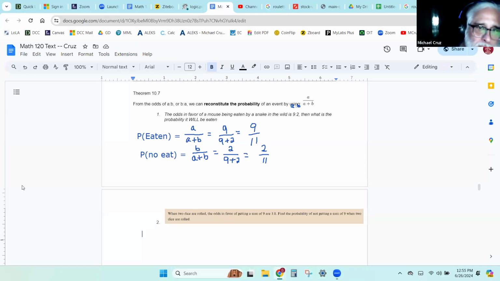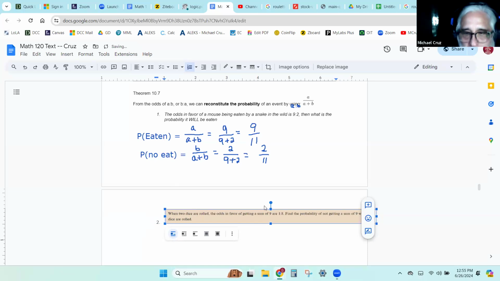So again, let's mark the A and the B. This is the A, and this is the B. A is equal to 1.